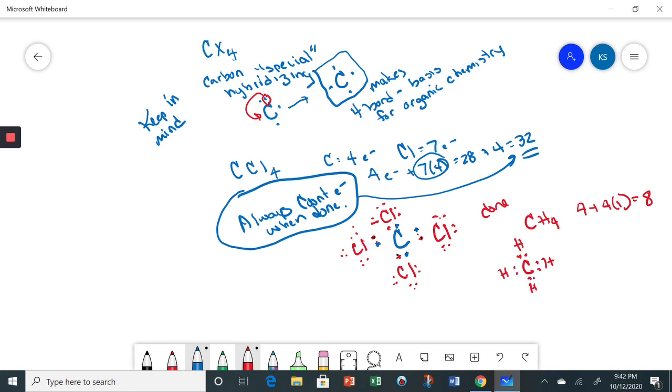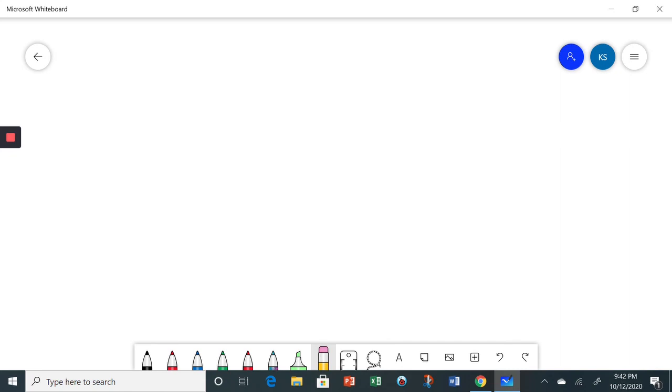Oh, look at that. If I count up 2, 4, 6, 8, I've got my 8 electrons. Please note, hydrogen only needs 2 electrons to be happy. So when you go to do these, things to keep in mind. H only wants 2 electrons. Does not have an octet.